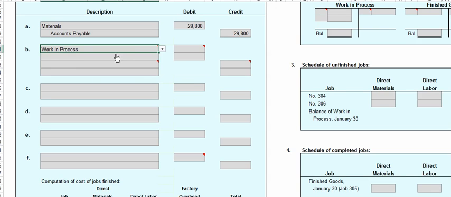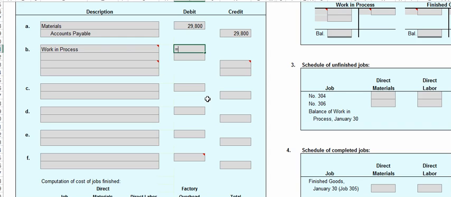But we're going to debit work in process for everything in both columns on B, except for that bottom row that reads for general factory use. So we want to include all the materials and all the labor used on specific jobs. In this case, jobs 301 through 306. So I'm going to just add them in here as I go.